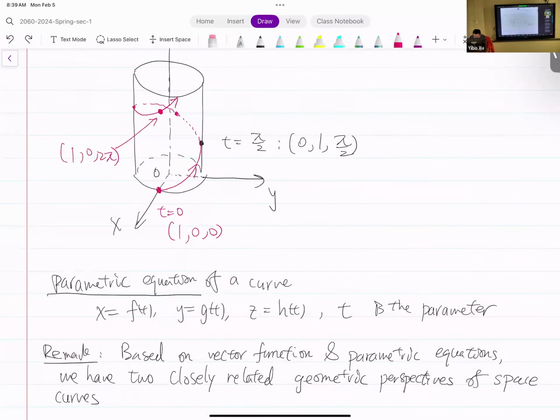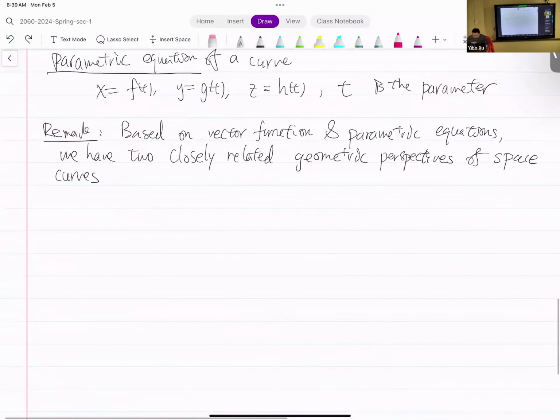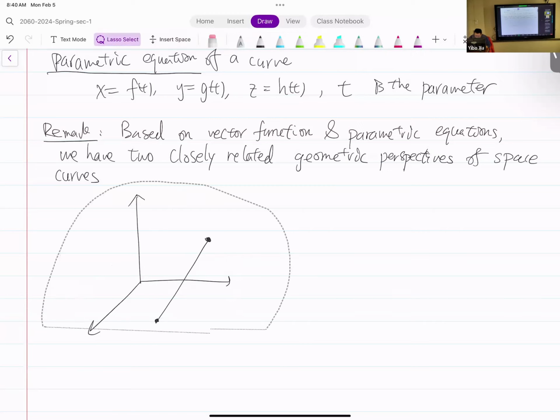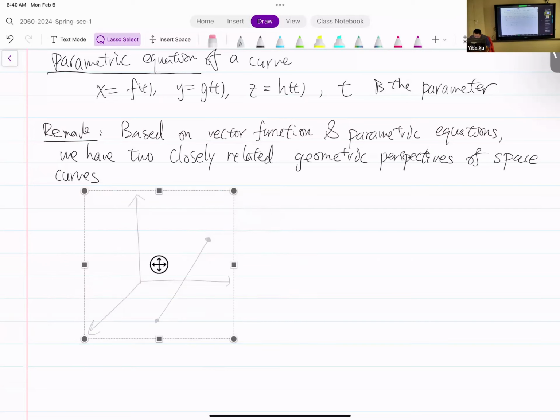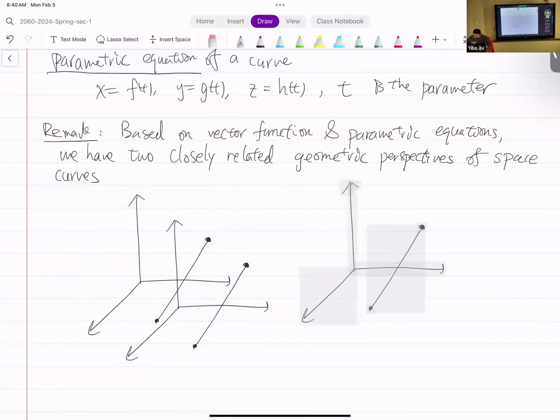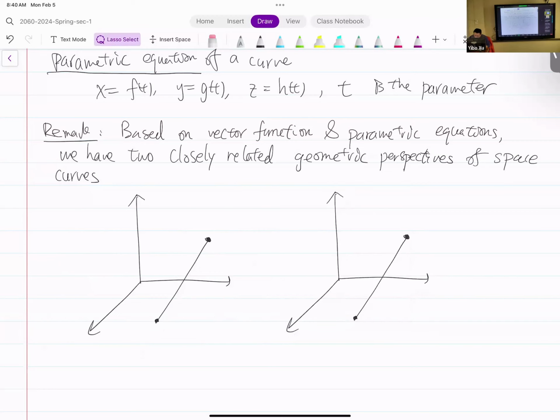So this is slightly different. So let's quickly sketch it right here. The vector for the curve is like this. But if I want to copy it, I'm just going to do slightly different perspectives. So as well, I probably have to write it again.